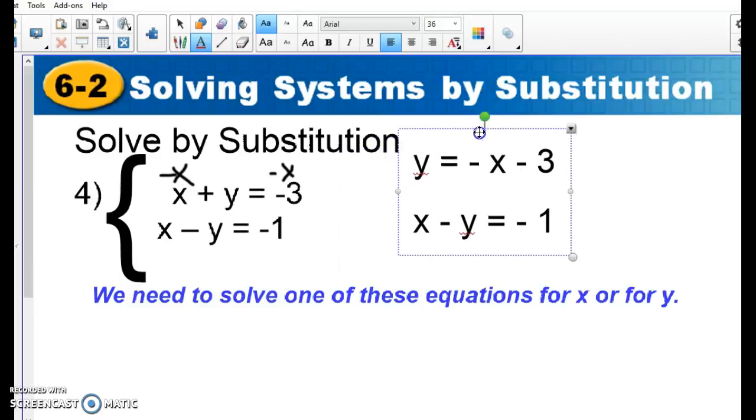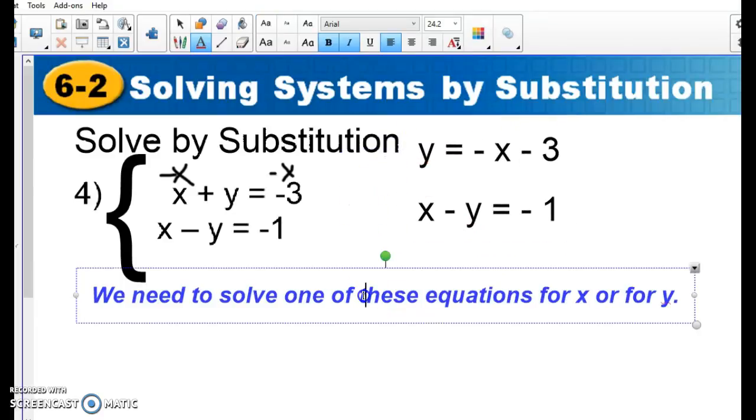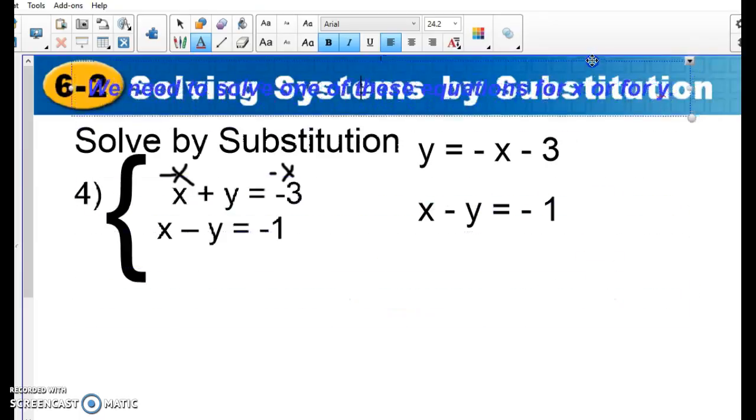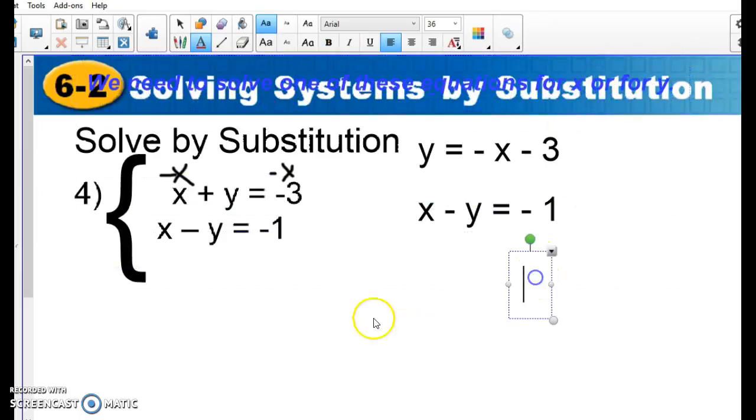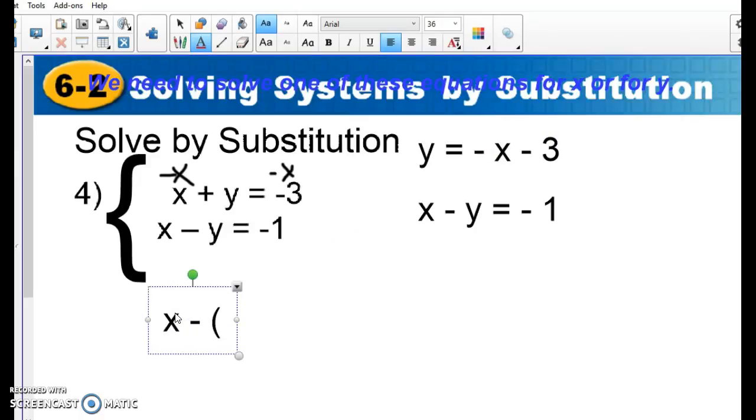Now I'm going to go back and do what I just did on the problem from before. It's one step harder than the earlier problem, otherwise these are completely the same. I know y equals negative x minus 3. So I have x minus, and instead of that y, I'm going to put negative x minus 3, equals negative 1.